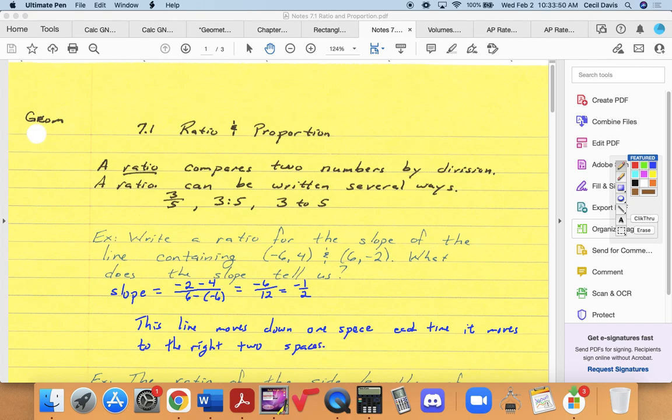That's what the slope literally tells you. To get from one point to another point, we could move down 1 and to the right 2. And again, that's an example of a ratio that you've used for years.